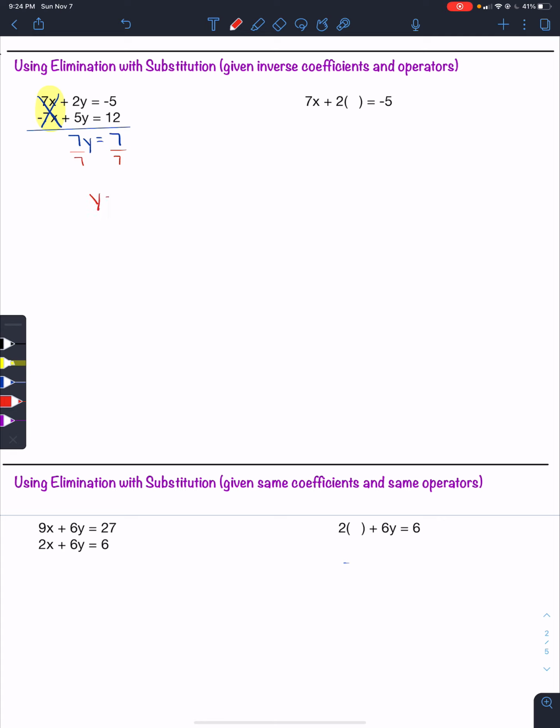And we get y equals 1. Now what I'm going to do is take that and substitute it into whichever of the original equations seemed easier. For me in this case, I went with the first equation. Okay. So I've removed the y and replaced it with parentheses where I can substitute in 1.